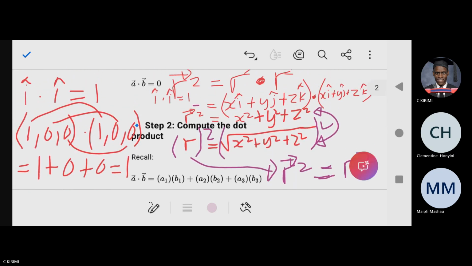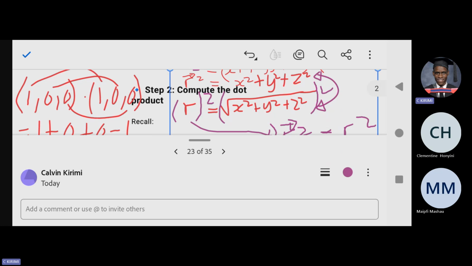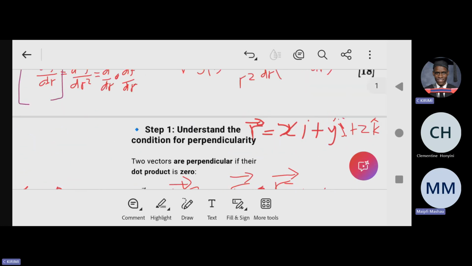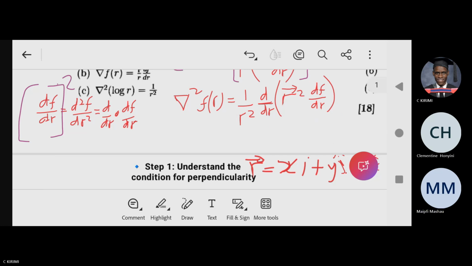All right. So if it's clear, then I'm here. Now we are going to use that relationship to solve for what is inside the bracket using grad squared log R of 1 over R squared.